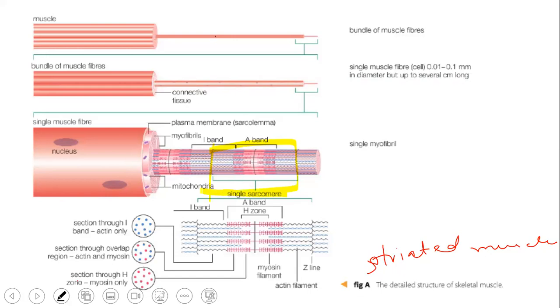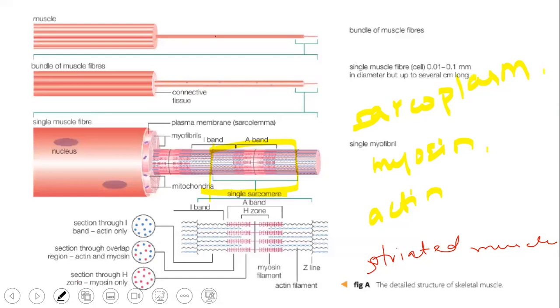Now, a sarcomere is made up of two proteins, actin and myosin. The cytoplasm of the myofibrils is known as sarcoplasm. It contains many mitochondria which supply the energy that the muscles need to contract.